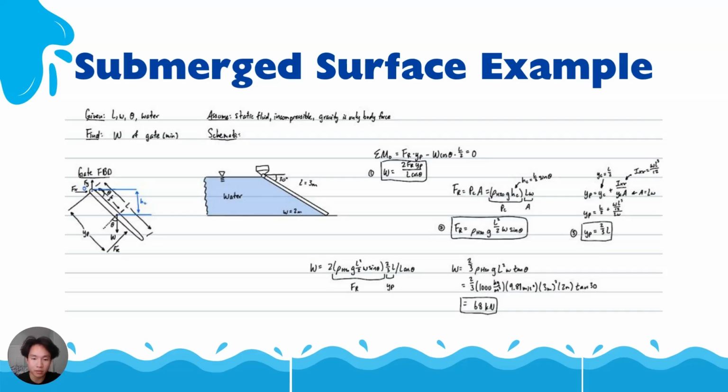And by isolating W, the weight, we get 2 times the force times the location of the force over the length cos theta.